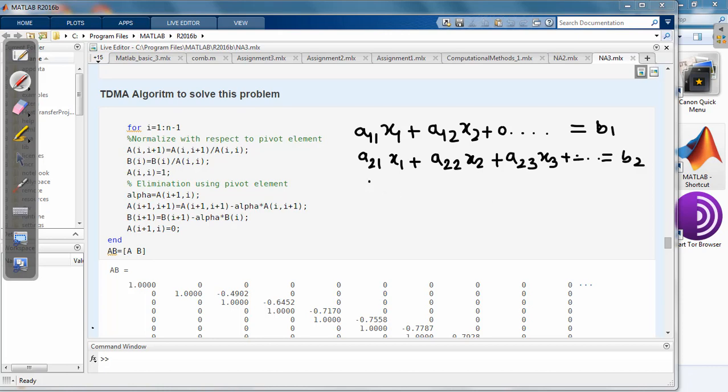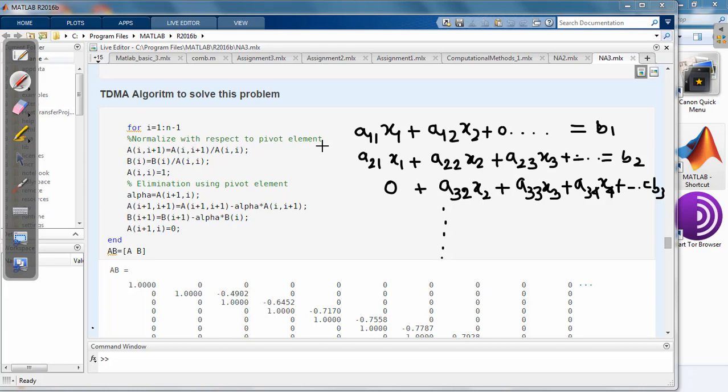The third row will be like a31, but this x1 is 0 in that case because it is a tridiagonal matrix, so that part will not be there. That will be 0. So what will be there is a32 x2 plus a33 x3 plus a34 x4, and then all the terms are 0, and that is equal to b3, and in this way it will go on.